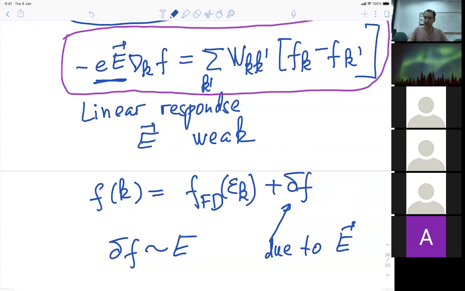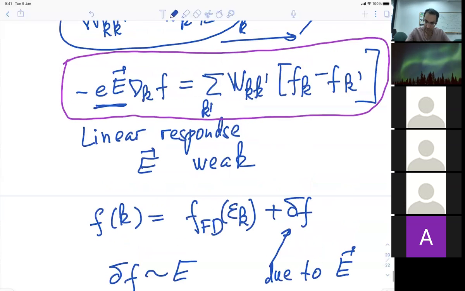So which means that if we want to keep the lowest terms in the electric field, we can approximate the function here by the Fermi-Dirac part and neglect the correction delta f there, because these terms will be proportional to the electric field squared. That's statement number one. Did you follow this statement?